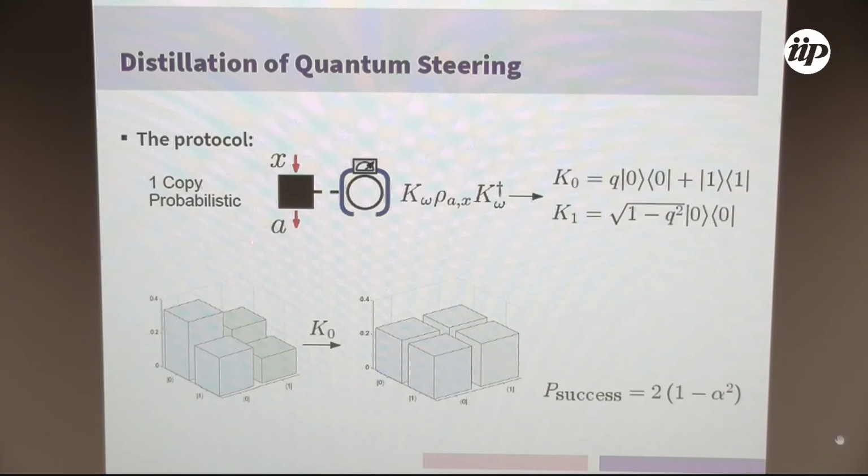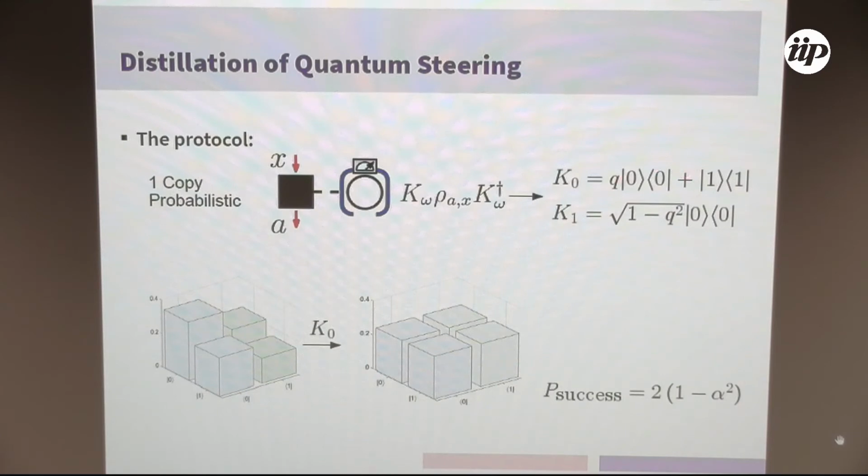This was done in this case using a local filtering type of measurement, where we have this operation that the quantum side can perform, so that if we obtain this outcome 0, with this Q, which is less than 1, we can recover the amplitude, so equalize the amplitude on both states.